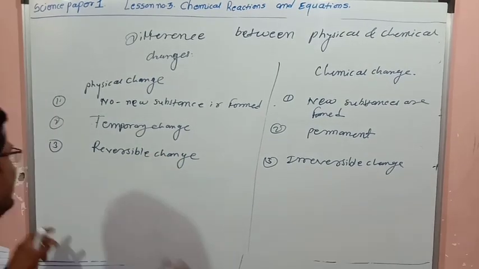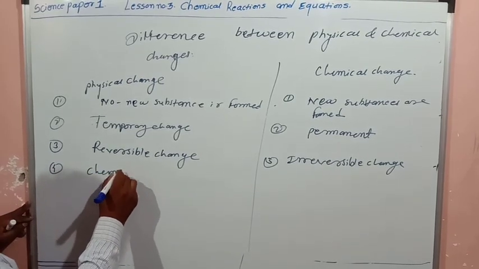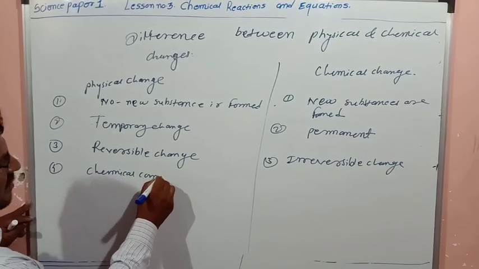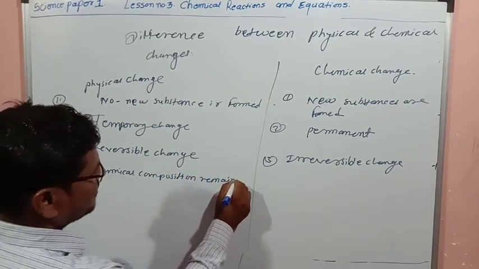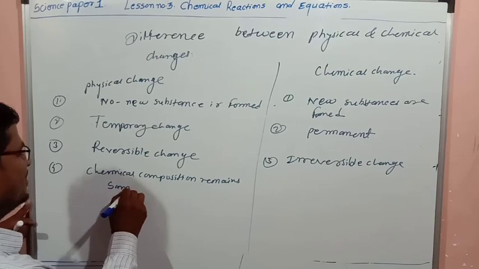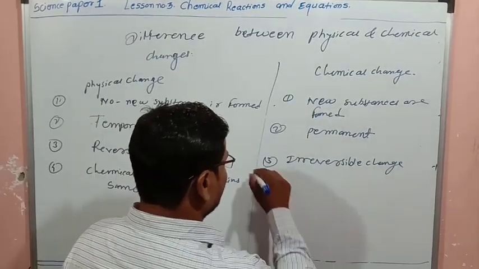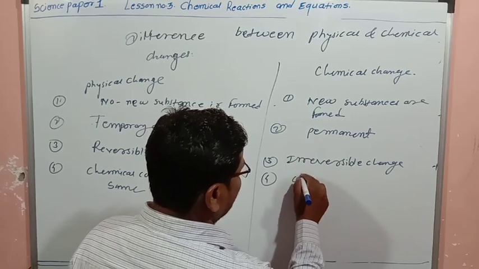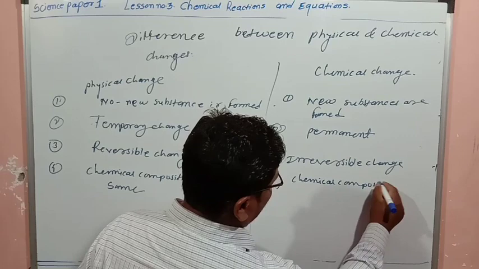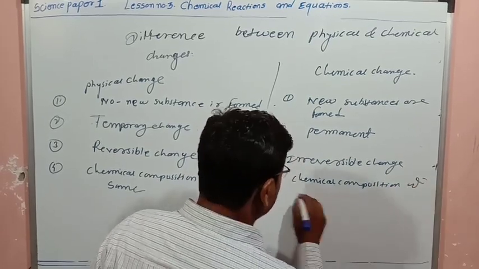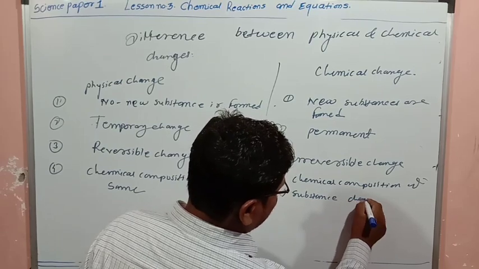The fourth point is the chemical composition remains same. In the physical change, the chemical composition of substance does not change. And here in the chemical change, the chemical composition of substance changes.